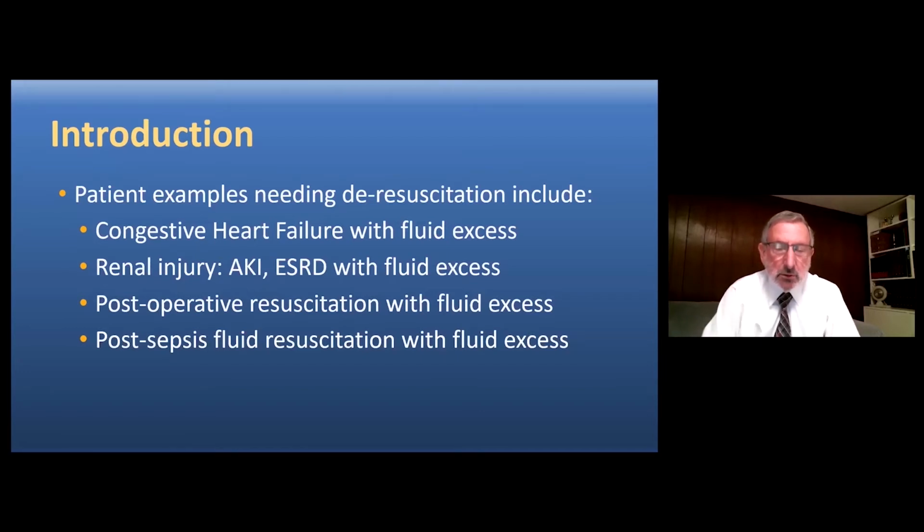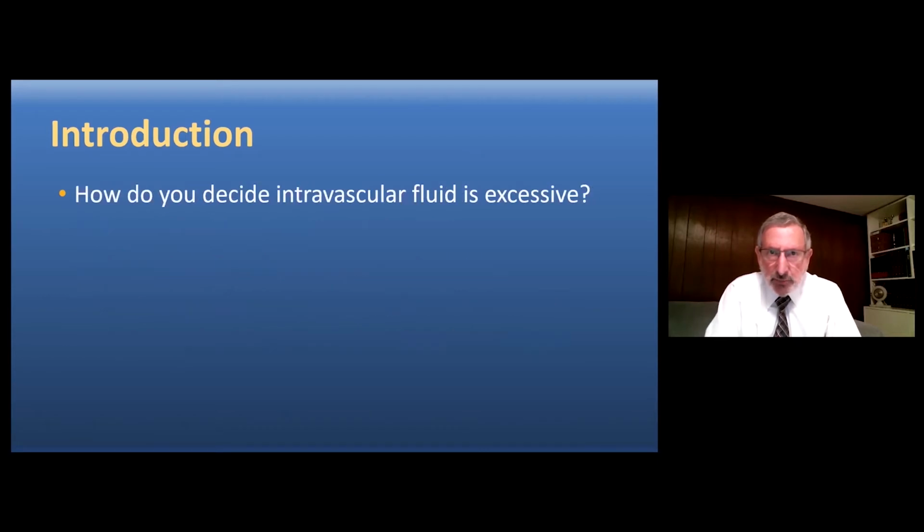Well, questions are bound to be in your mind. An SVI could be normal, or an SV could be normal, but patients could still have excess fluid. Think about that. That's a great question. If the stroke volume is normal, patients could still have excessive fluid.